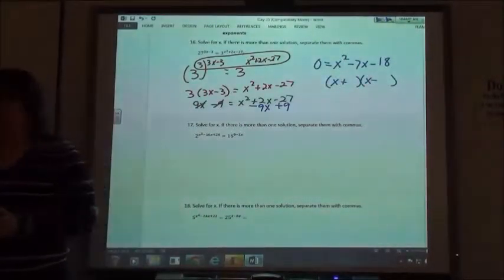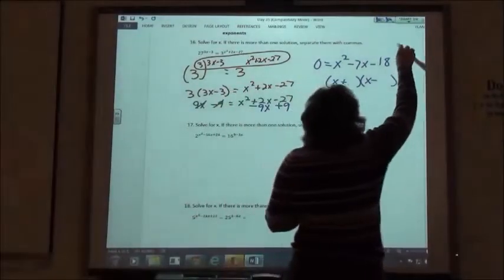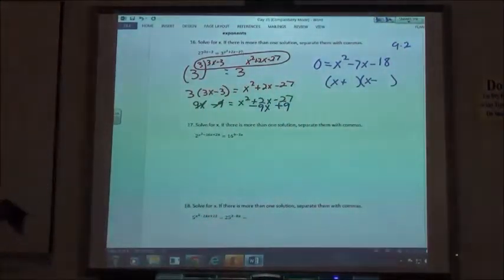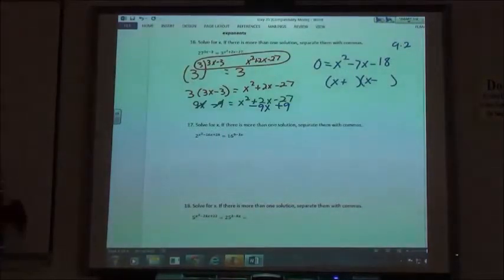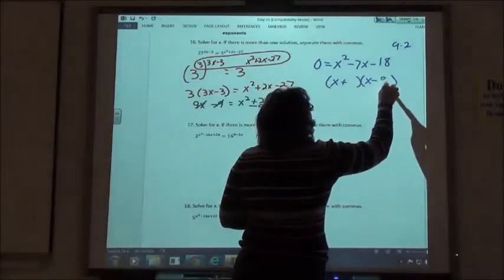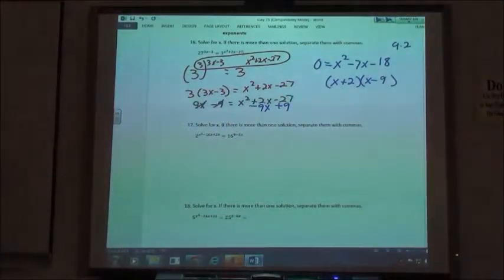Let me think. What are your factors of 18? 9 times 2, right? Yep. How can I plug them in so I get a minus 7? Oh, x minus 9 and x plus 2, right? Because I want the minus 7, so the 9 has to be minus.